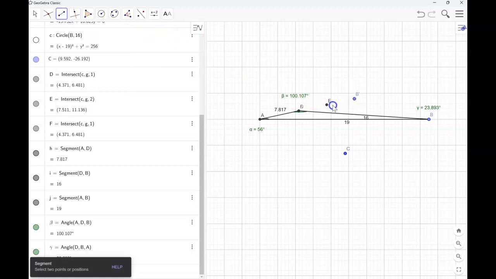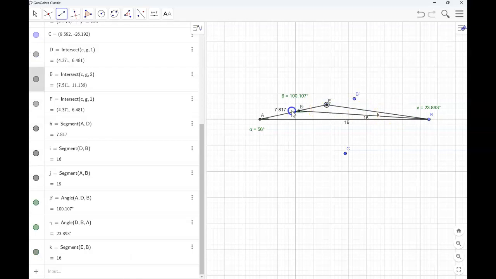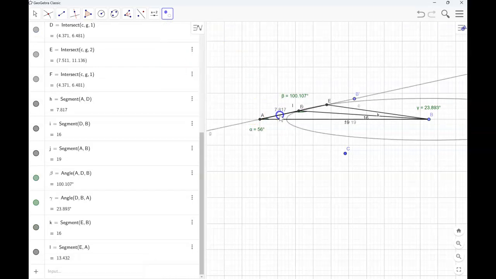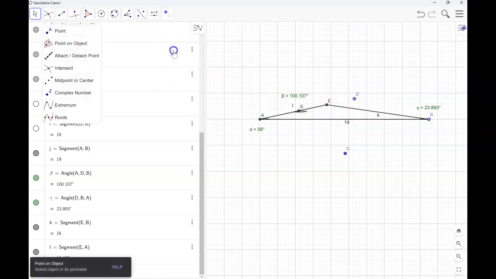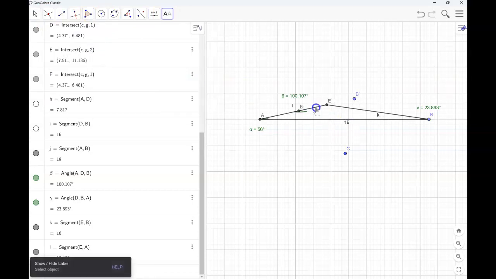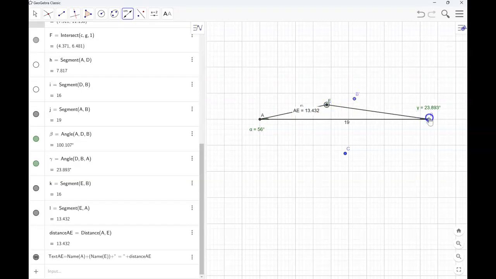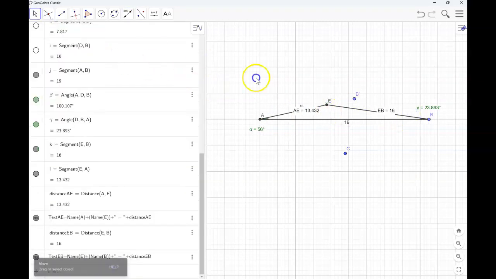And then if I did this one, and we look at this distance and this distance, there's my 16 and my 13.43 side lengths, right?